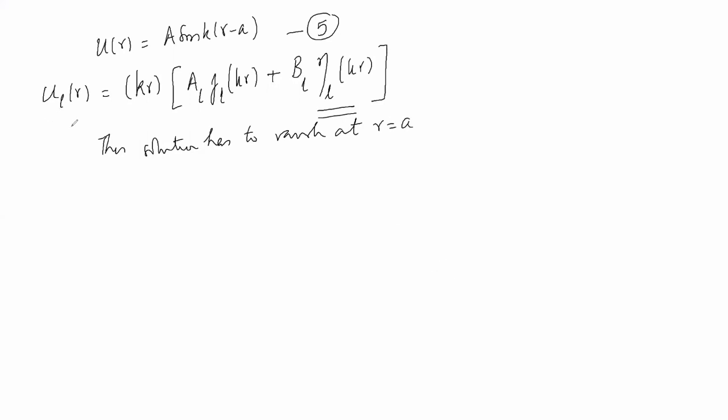That means U_l(r) at r equal to a should be equal to 0. Now you know that k cannot be 0. When r is equal to a, this is not equal to 0. This implies that A_l j_l(ka) plus B_l eta_l(ka) must be equal to 0.